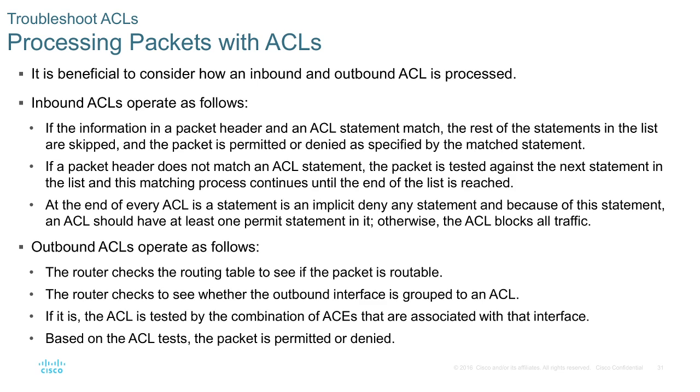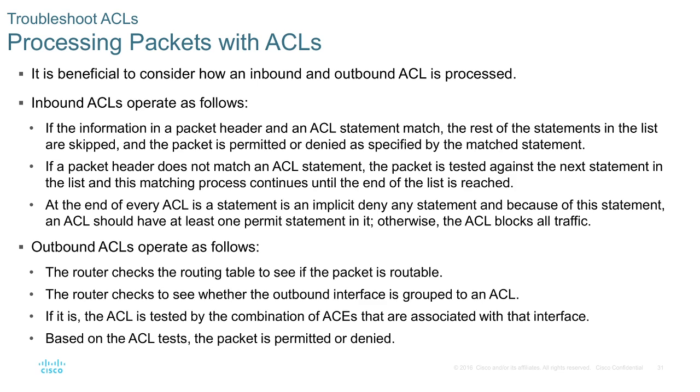When it comes to, say, an outbound ACL, it would be operating in a particular manner. Any information or packet that matches an ACL statement, if there is a match, the rest of the statements are skipped, and the packet is permitted or denied as per the statement it matched.